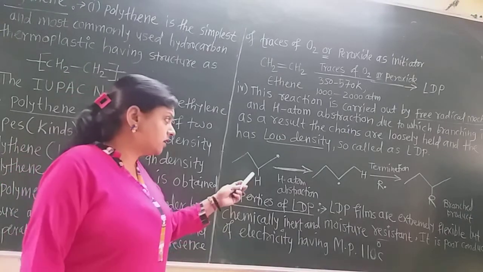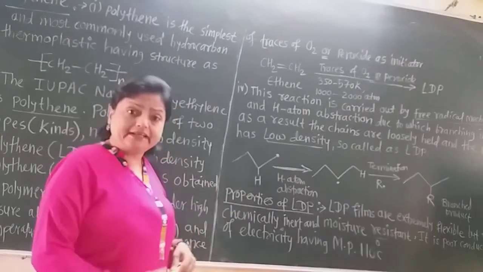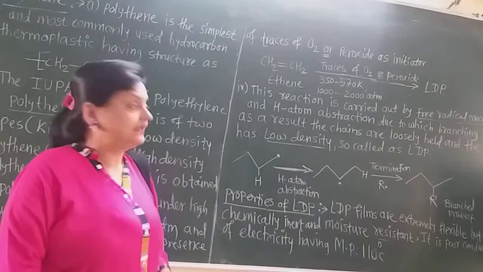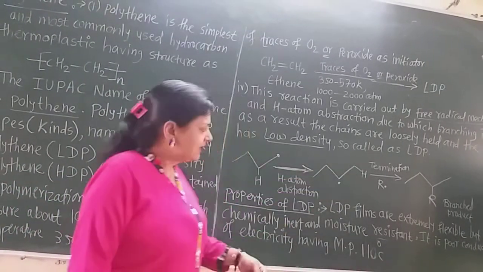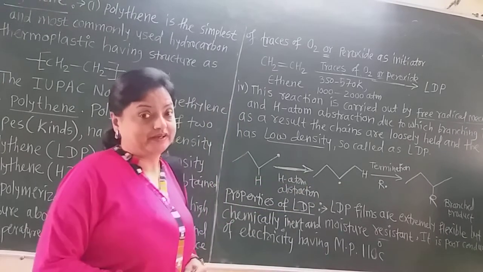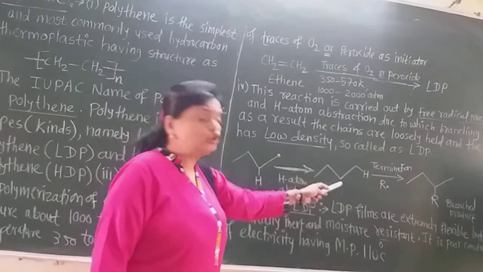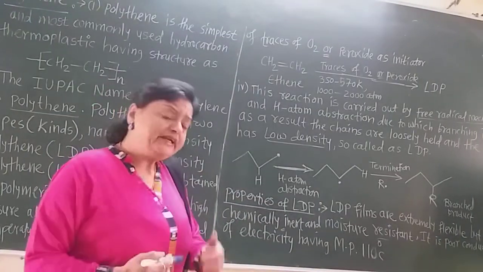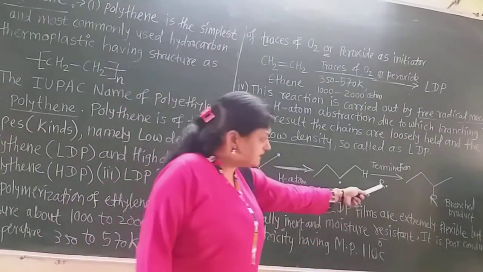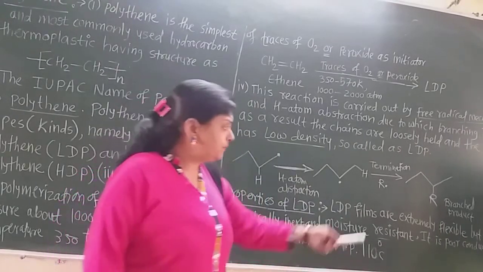The other hydrogen of this carbon atom is abstracted by this carbon free radical, and there is again one odd electron on the carbon where the first hydrogen was, which is also a free radical, and the termination is carried out by another alkyl group. Now this alkyl group gets attached here.